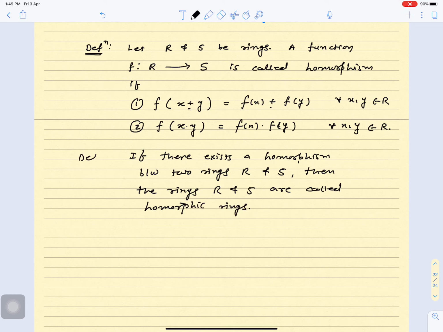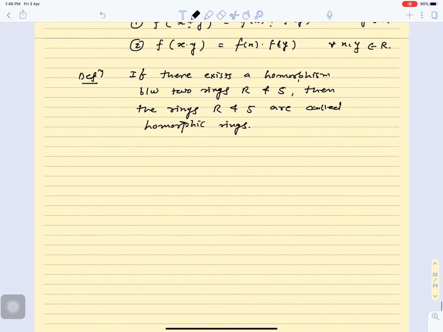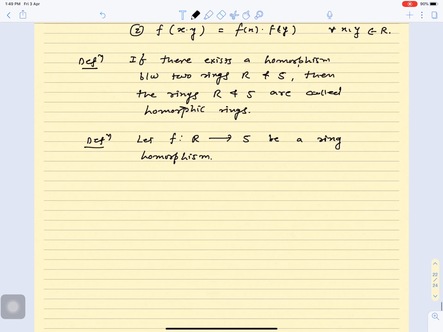So this is another definition. Now one more definition. Let f, a mapping from R to S, be a ring homomorphism.